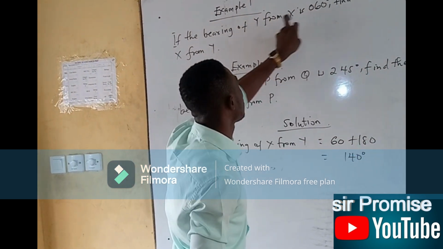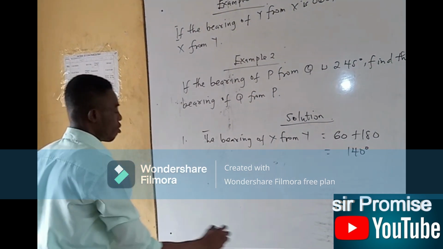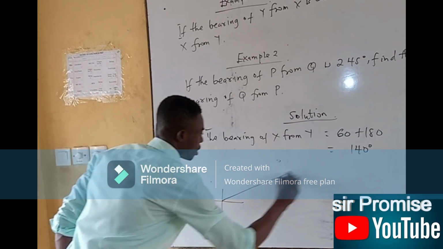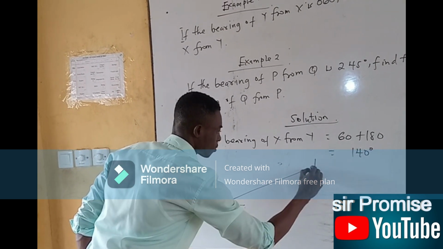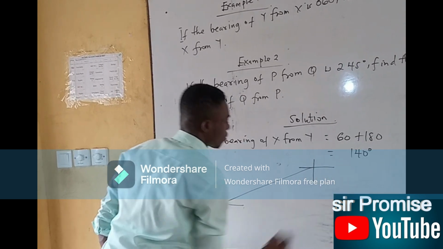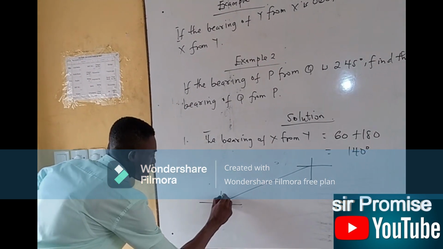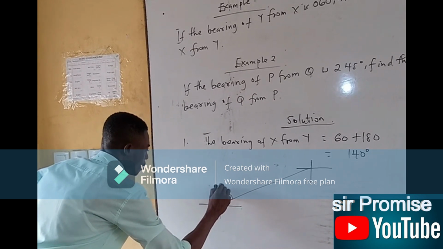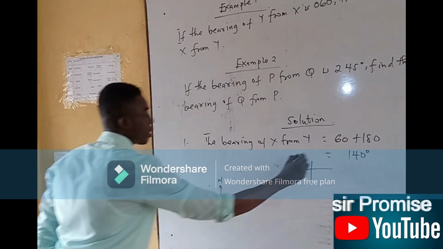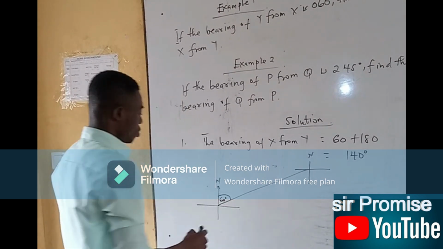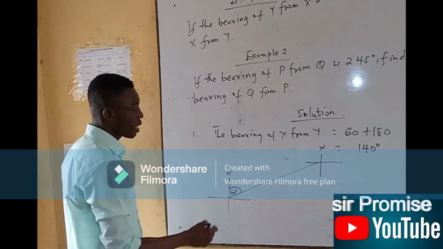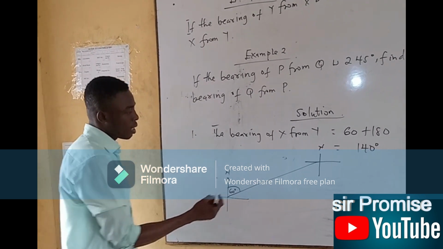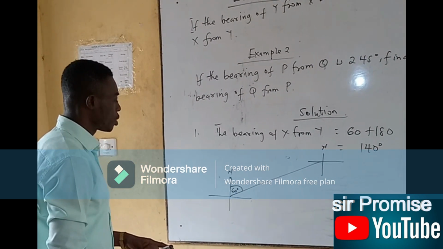Let me sketch and see if we are going to get that. From x, we have 60 degrees to be here. So this is the north. How are you going to find the reverse? We know that opposite angles are the same, as we are playing it in plane geometry.